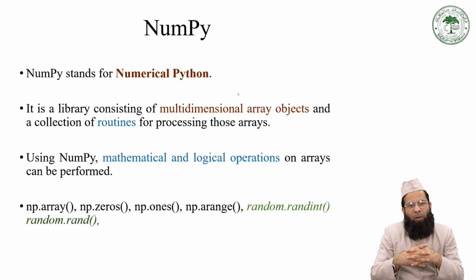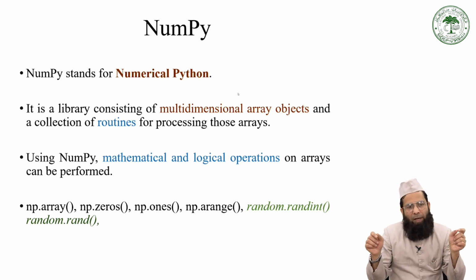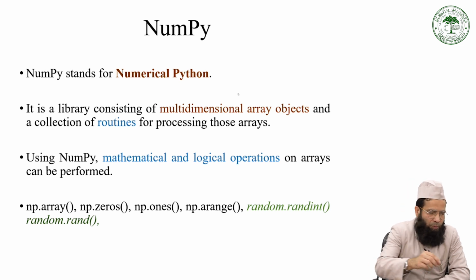mathematical operations. Then there are certain ways through which you can create the Numpy array. I can create a Numpy array using a special method of Numpy, that is np.array. Similarly, I can create a Numpy array using np.zeros. If I need to create a Numpy array having zeros only, then I can use np.zeros.